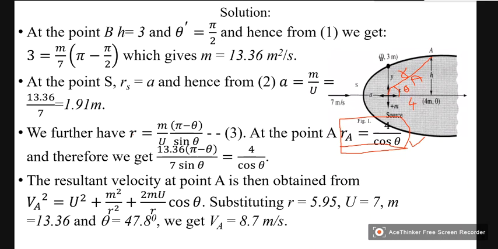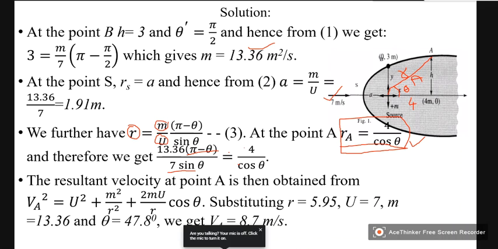So now you substitute the known values. This is 4 by cos theta is equal to m by u into pi minus theta, which is 13.36 by 7 into pi minus theta, divided by 4 by cos theta.